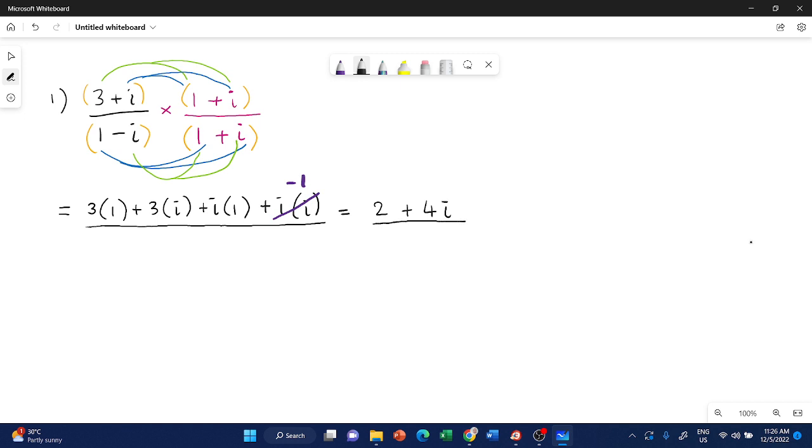And we do for the other one, bahagian bawah. So we start with the blue one. Here we have 1 times 1. Then we have 1 times i. Then we have negative i times 1.